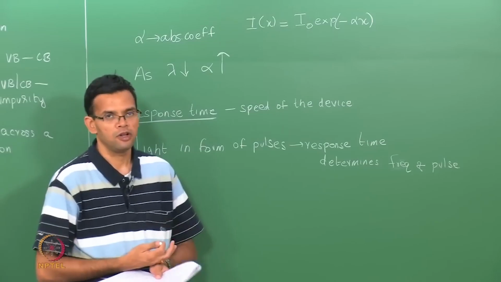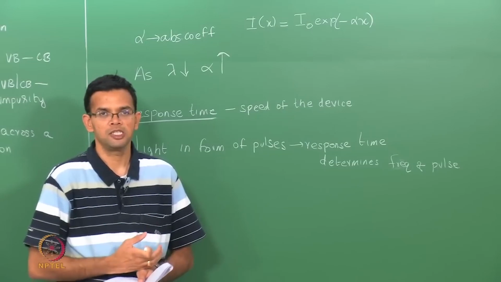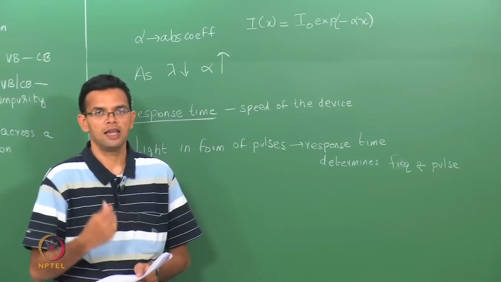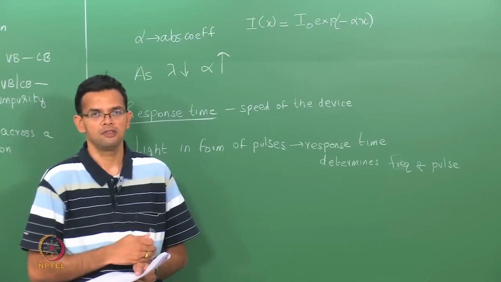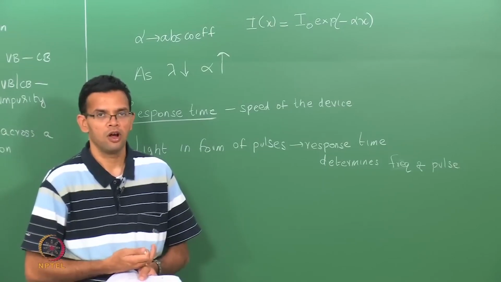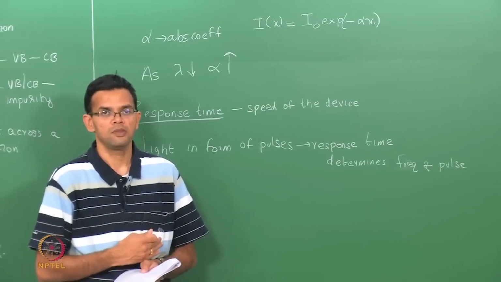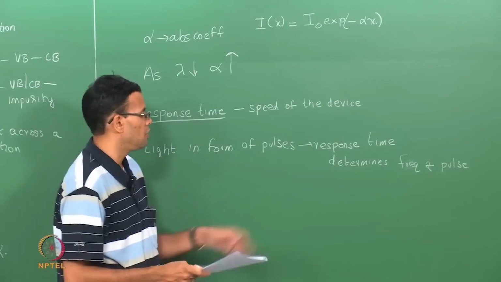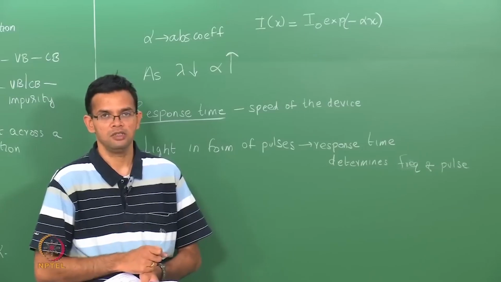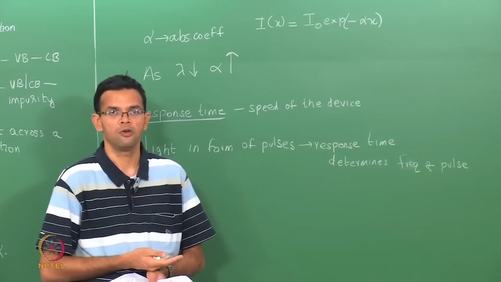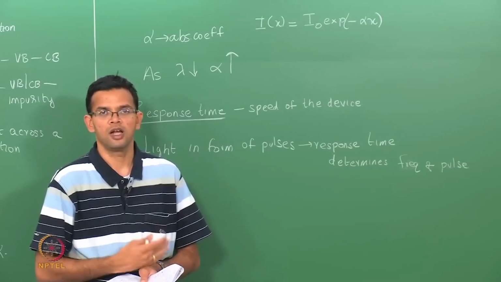If you have a photodetector based upon a p-n junction with a wide depletion region, then the distance the electrons and holes have to travel is large, so that the response time is also large.